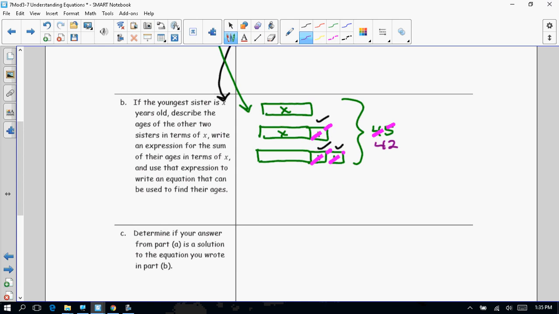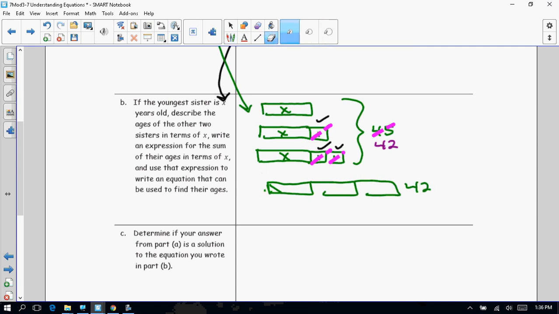So this now becomes 42. I have 3 things that I don't know, 3 of these rectangles, and it's going to equal 42. I'm going to erase that 3. If I take 42 and divide by 3, I should find out how old X is.